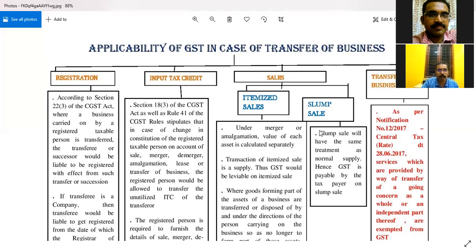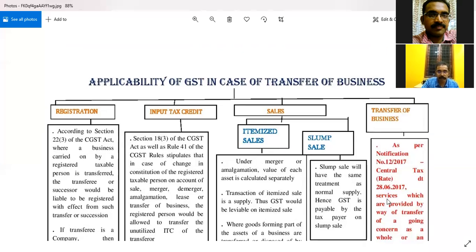In that case also, it will be considered as a supply under GST. It will be treated as if the assets are sold item-wise. The same treatment will be given in case of slump sale. This transfer will be treated as supply and GST will be payable.